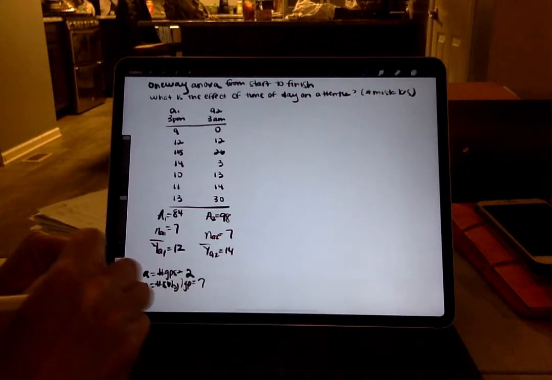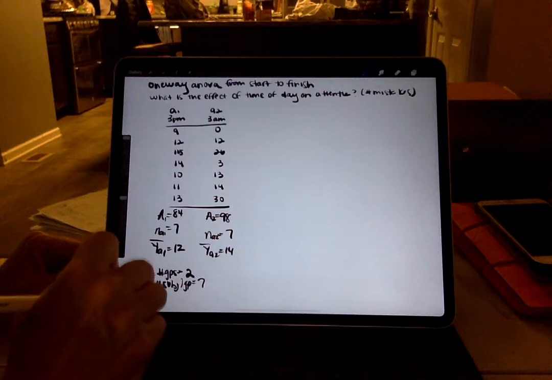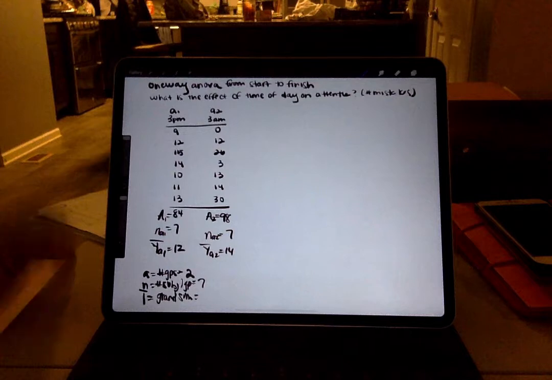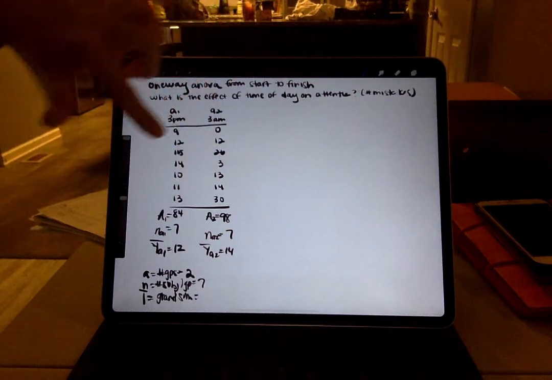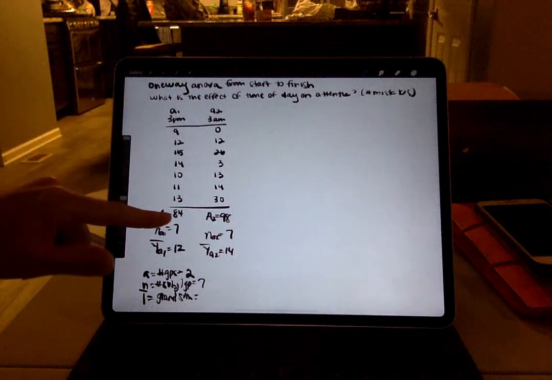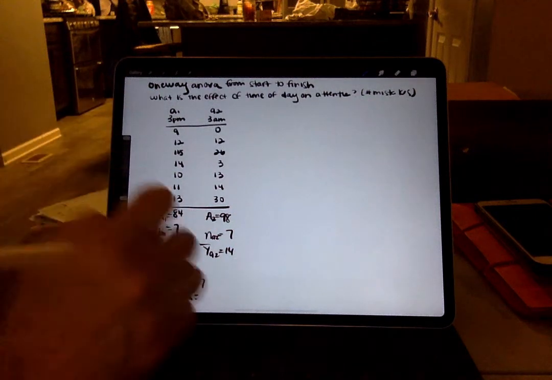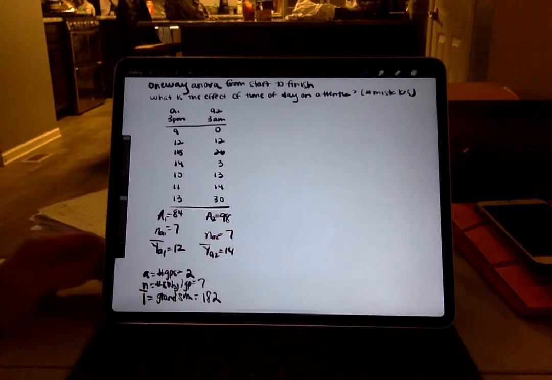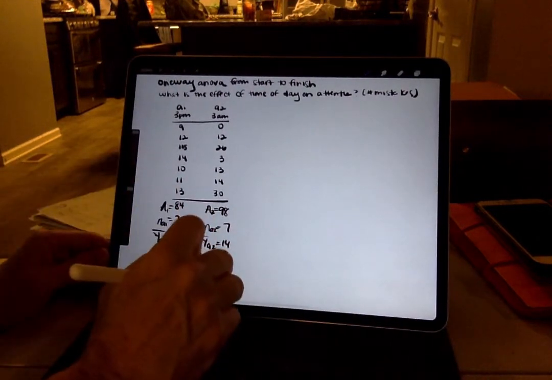We have capital T. Remember, capital letters refer to sums, and capital T is the grand sum, so it's the sum of all 14 scores. If you trust your math, you can just add capital A1 and capital A2, and that equals 182. And then I'm out of room here.